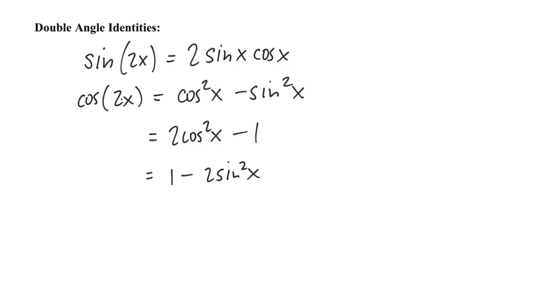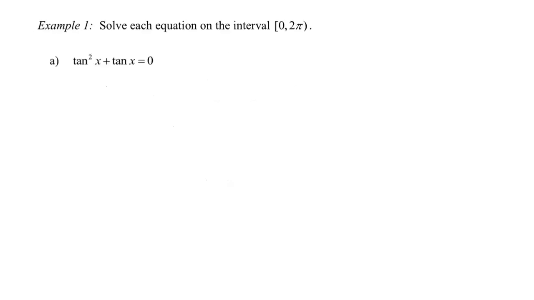For example, if the rest of the equation has cosine, you're going to choose the second one, which is only in terms of cosine. If the equation only has sine, you're going to choose the third option, which is only in terms of sine. So which one you use depends on what the rest of the equation looks like.